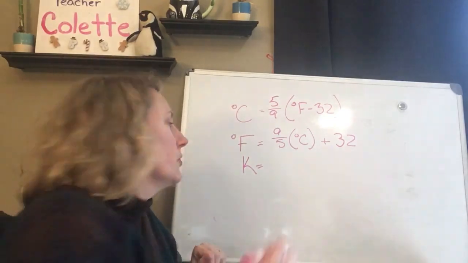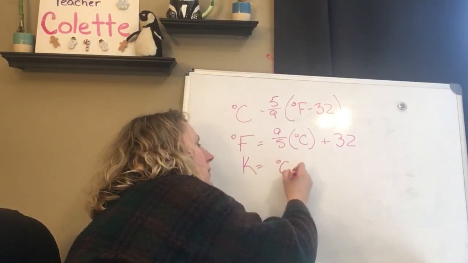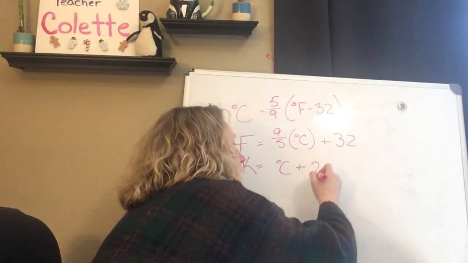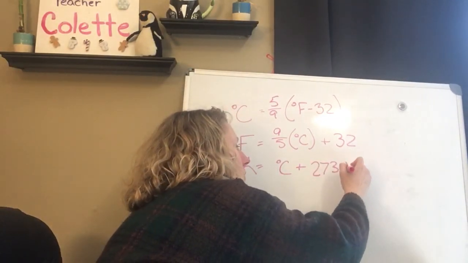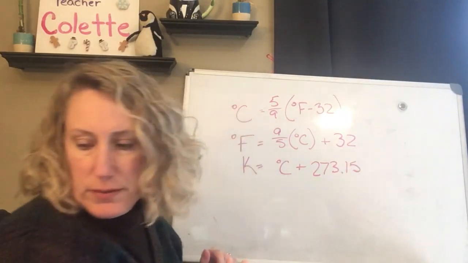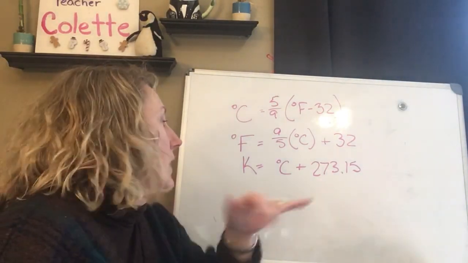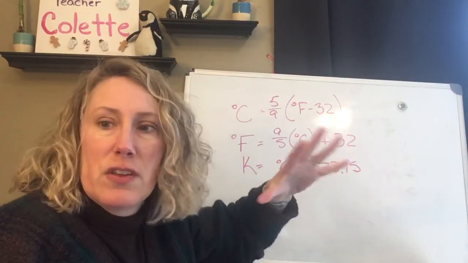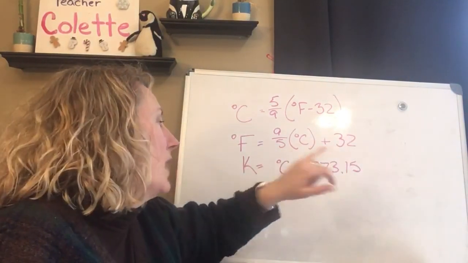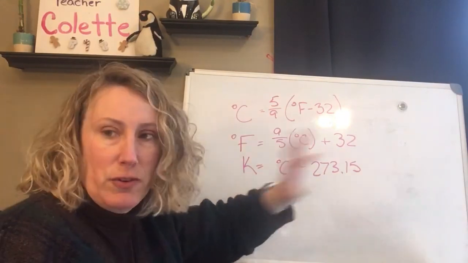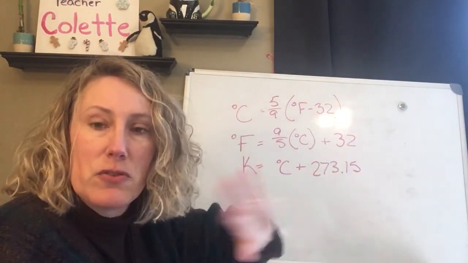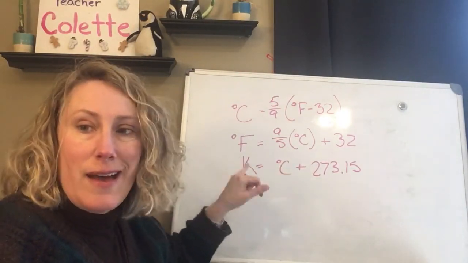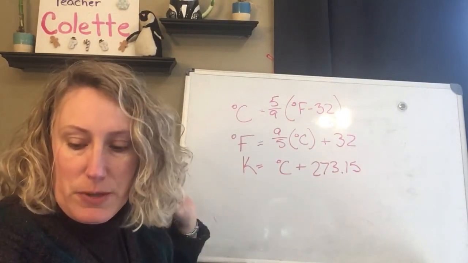So it's your degrees Celsius, and then you add 273.15 degrees. That means at negative 273.15, there's still some movement of atoms. So if you add 273.15, you're guaranteed to never have a negative number. The whole purpose of the Kelvin scale is to not get negative numbers in your temperature.